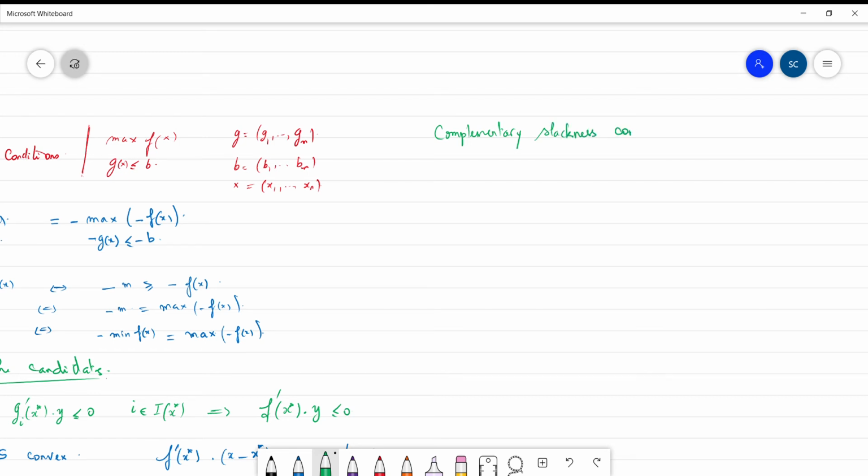It's the following one. We add conditions on the lambda_j: our lambdas are positive, but we will choose them to be 0 if we have non-equality, so strict inequality, g_j at x strictly less than b_j, for j from 1 to m.